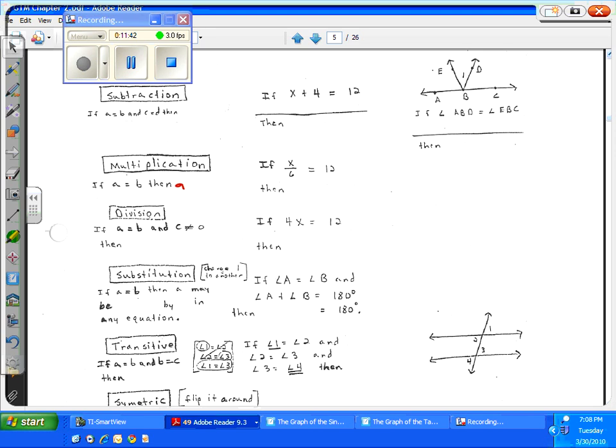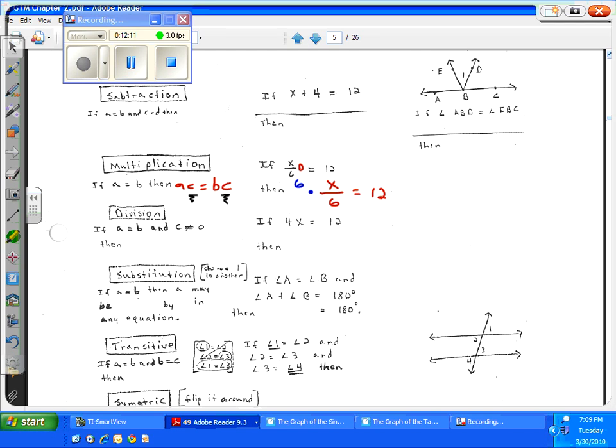Multiplication says if A equals B, then AC is equal to BC. We just multiplied them both by the same number. Now, multiplying by the same number has lots of implications in algebra and geometry. First of all, mathematically, to solve, we would undo division by multiplication, and we would actually show our work like this, recall.